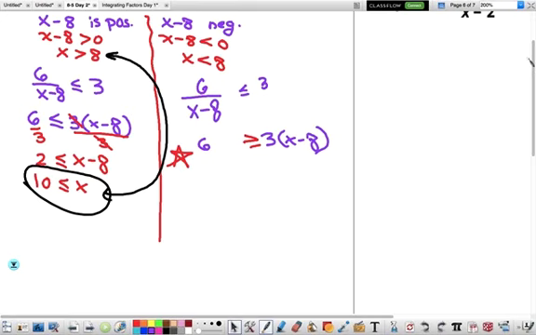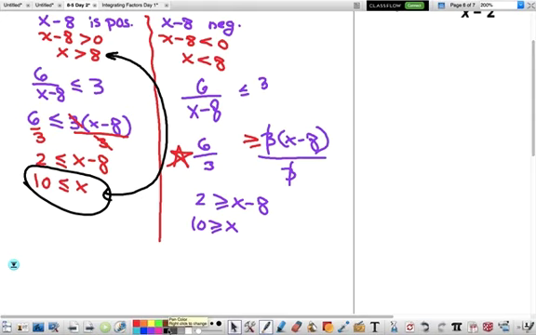Again, you could distribute the 3, but that'd be a waste of time. You should divide by 3. Six divided by 3 is 2. 2 is greater than or equal to x minus 8.